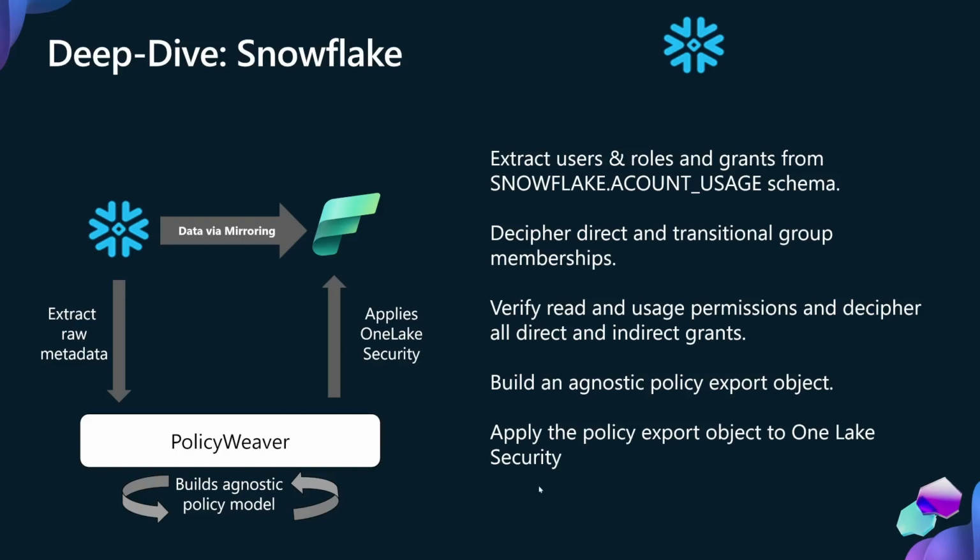But as I said, you don't have the data access policies brought over, so you basically start from scratch. What Policy Weaver is doing, it's extracting all the users and roles and grants from Snowflake using the Snowflake account usage schema. It takes care of all the nuances, like if you inherit some privileges via direct or transitive role memberships.